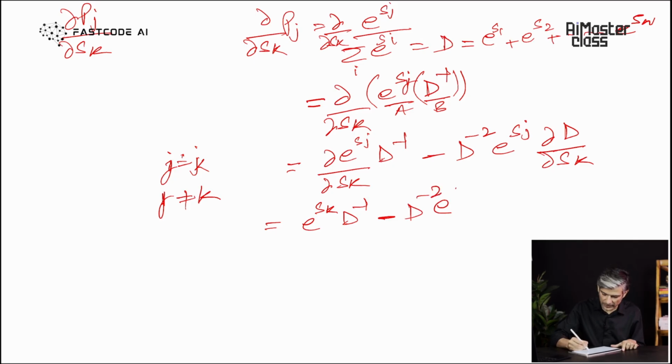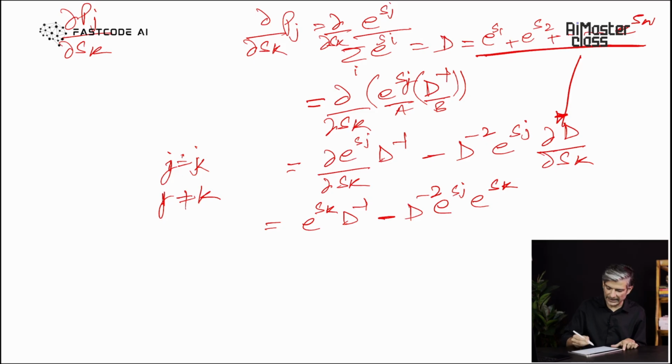So here we have e to the power sj, and then remember, what is d? So my d is this, right? This is what my d is. So when I differentiate this, what do I get? I get e to the power sk. Yes. But also remember that this is how we define pk and pj, right? pk is e to the power sk upon d, and pj is e to the power sj upon d, right?